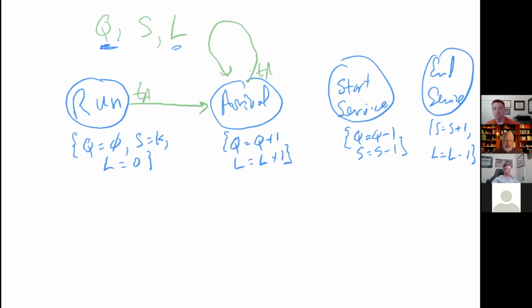Okay, so now the arrival may schedule a start service event, but remember that Boolean condition we had. So here's the Boolean condition: S is bigger than 0. In other words, an arrival to the system can go right from the queue to start service, but only if there's an available server. If there isn't, then nothing happens.